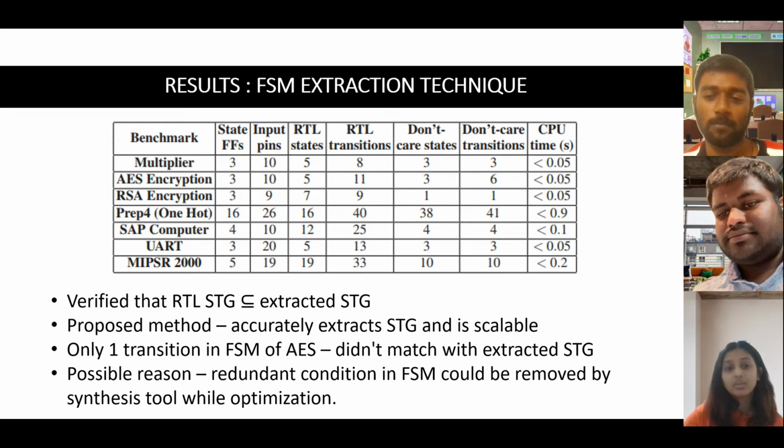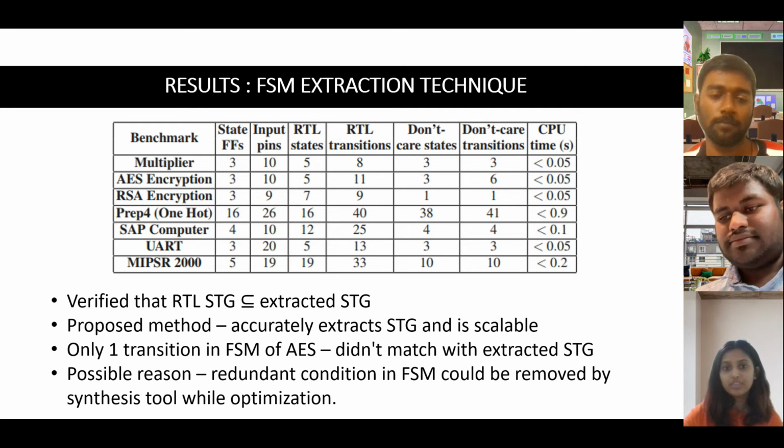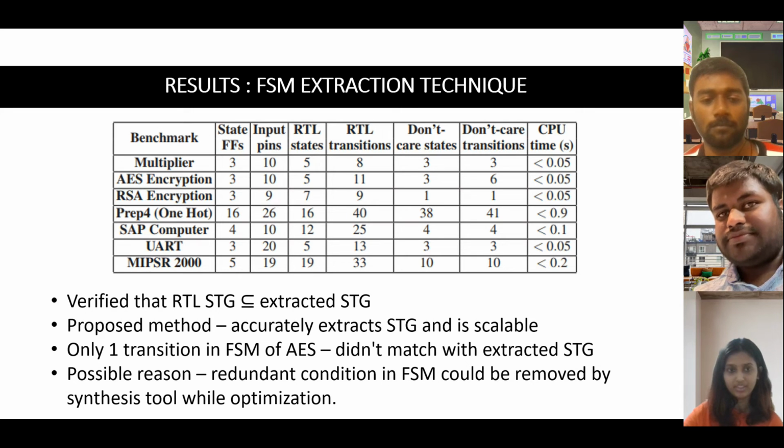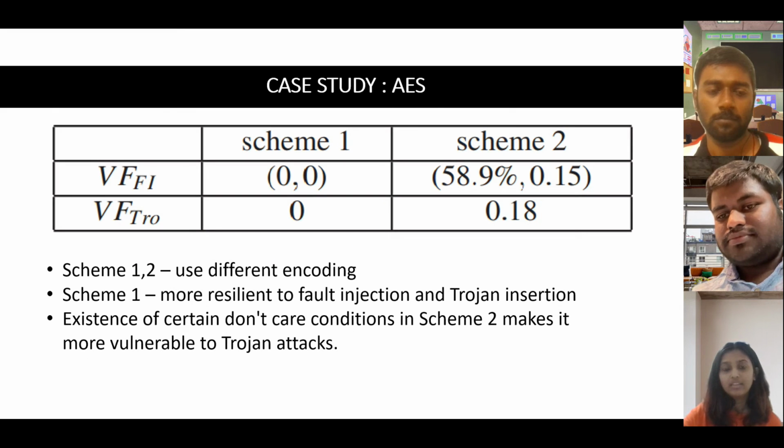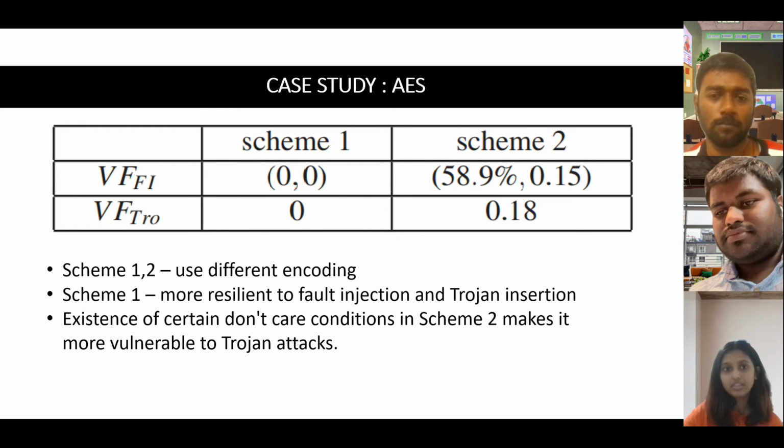It is found that all the transitions in the RTL STG are present in the extracted STG, which means the proposed technique is quite accurate. It is also scalable since it can be applied from a small multiplier to a complex processor. The paper also does case studies for AES and RSA algorithms.